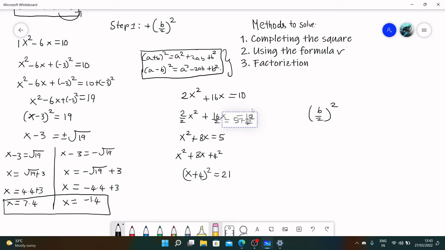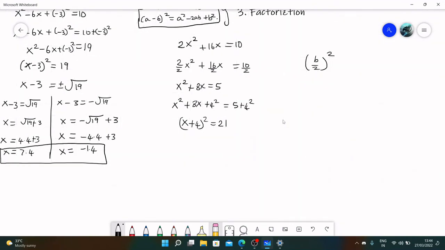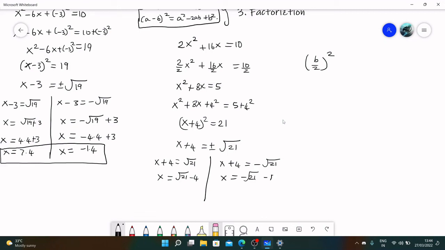And just like the previous question, we want to do x plus 4 equals plus or minus square root 21. Then we'll have one side which says x plus 4 equals square root 21, and the other side x plus 4 equals minus square root 21. That would give you x equals square root 21 minus 4. You can leave it at this, or you can find an approximate value.